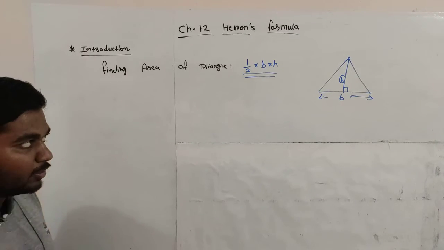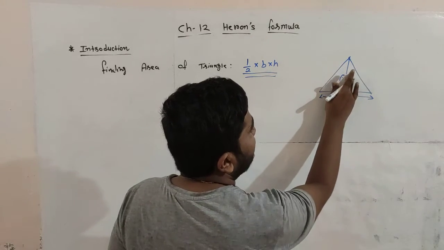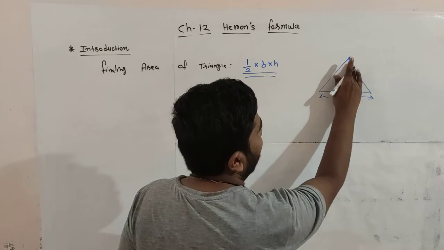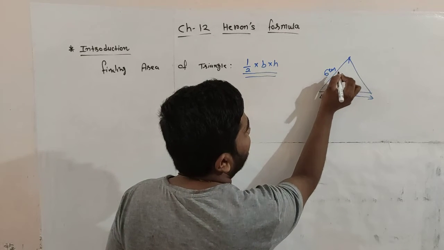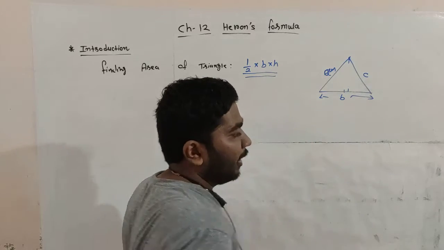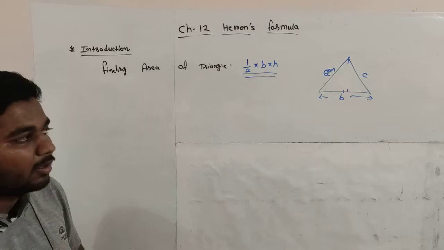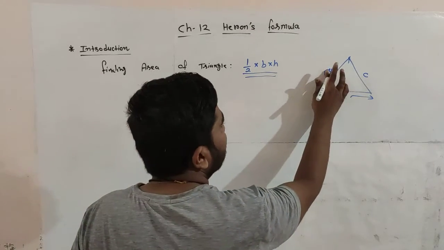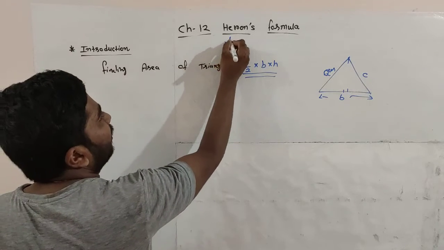But this formula is not sufficient, because when the height is not given and all three sides are given, let's say a centimeter, this is b and this is c, at that time how can we find the area of this triangle? So we can find this triangle's area using Heron's formula.